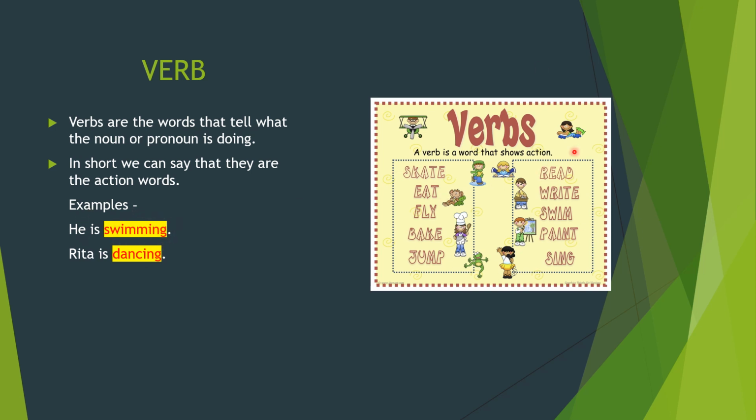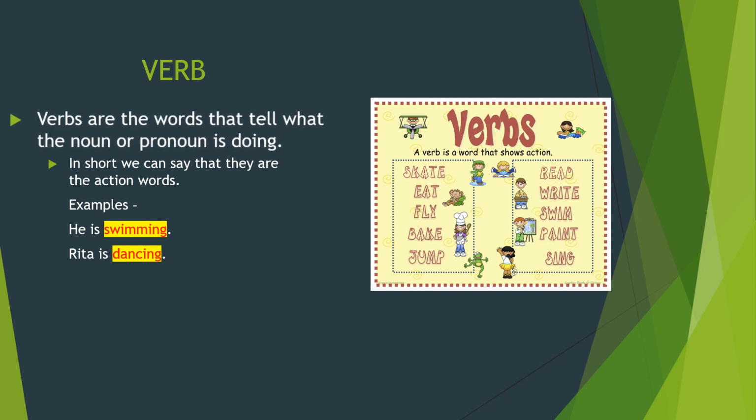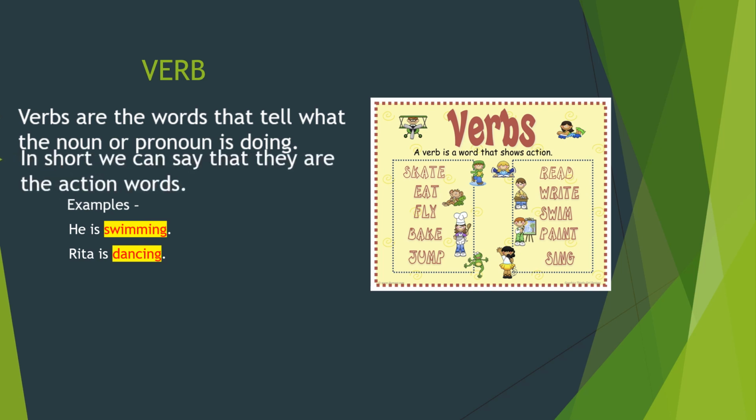Here are some more examples of verbs like skate, eat, fly, bake, jump, read, write, swim, paint, sing. So they all are action words which tell us some actions being performed. So they are verbs.